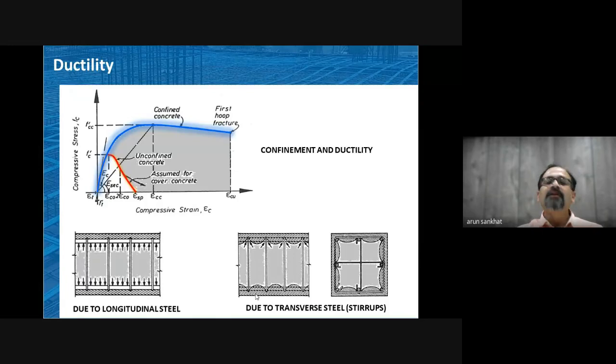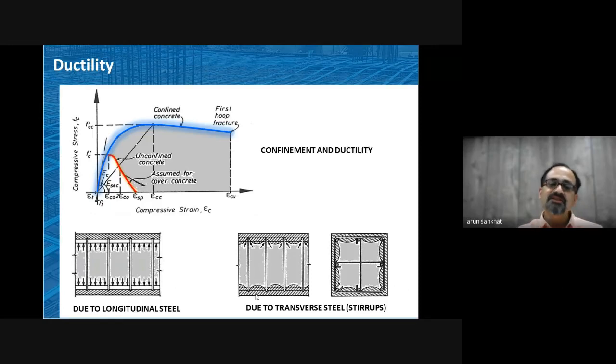Whatever amount of PT is there is for one times loading, so that 0.5 times is remaining. For that, non-pre-stressed steel is required, and also to follow the minimum reinforcement criteria of the code.